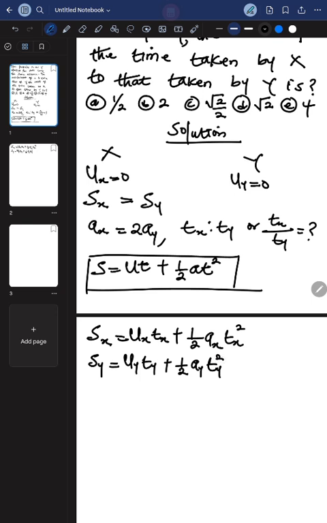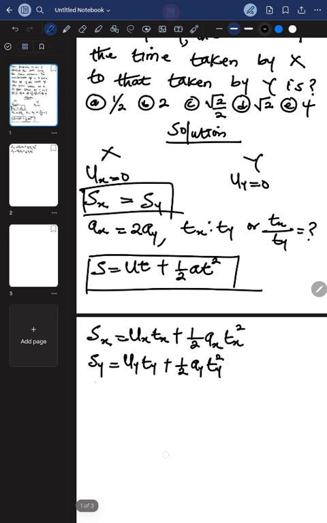Now, don't forget what we were told earlier. We're told that sx is equal to sy. That means the distances are equal. They cover the same distance. So that means these two will be equal to each other, according to what we had here. Okay?